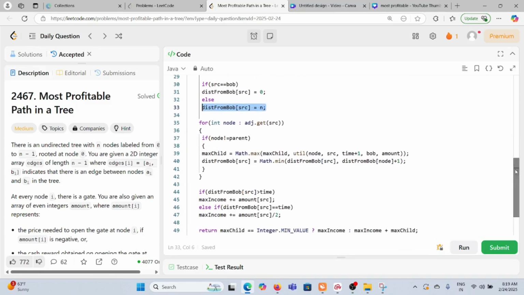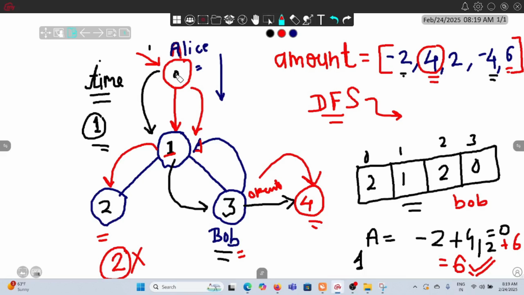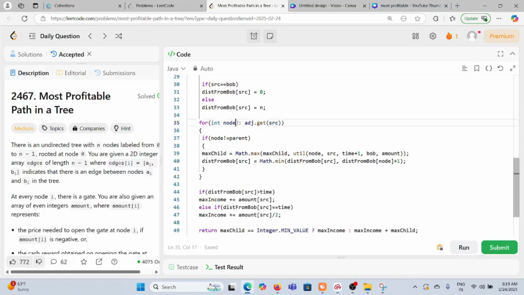Here we are getting all the nodes in the adjacency list of src, all those directly connected to the src point. For example, in this case 0 is connected directly to 1, so for src 0 only 1 would be there. So we go through the adjacency nodes, and if node is not equal to parent, because this is an undirected graph, the parent would also be in the adjacency list and we don't want to go back to the parent. For that reason we put this condition. And for this max child, we are getting the maximum value of it.